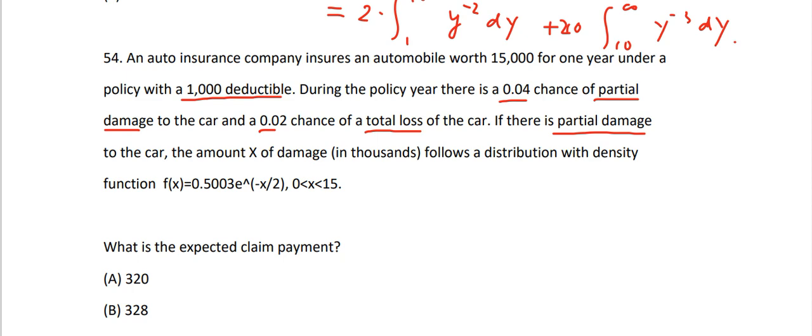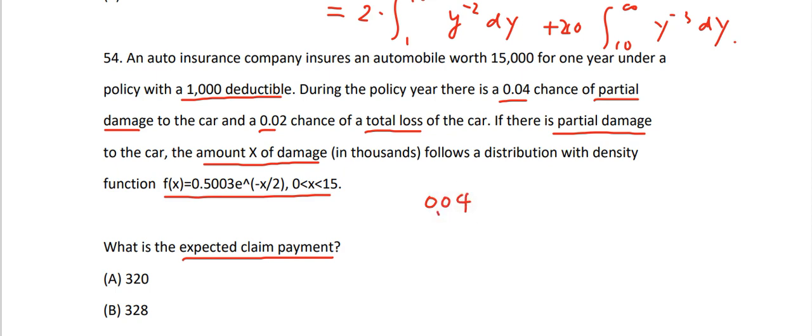For partial damage, this number, this damage is a random variable, it can change, right? This damage has this density function. So we want to find the expected payment.